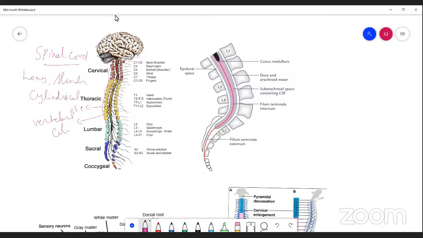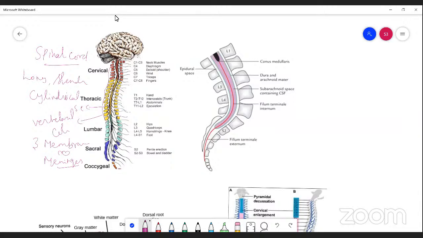At the same time, the spinal cord is covered by membranes. Three membranes cover the surface of the spinal cord. I already told you in the last class that these membranes are otherwise called the meninges. So the spinal cord is surrounded by three meninges, like the brain.